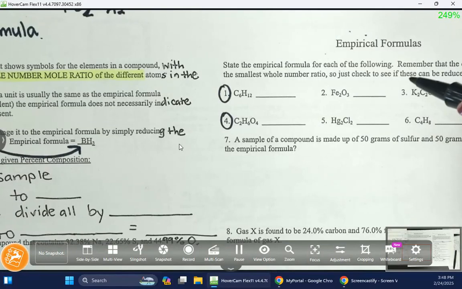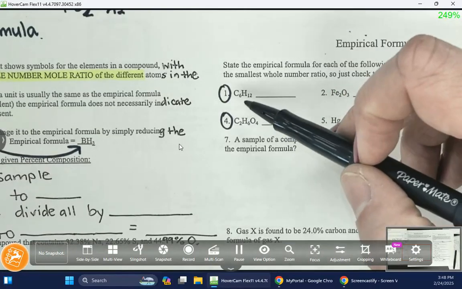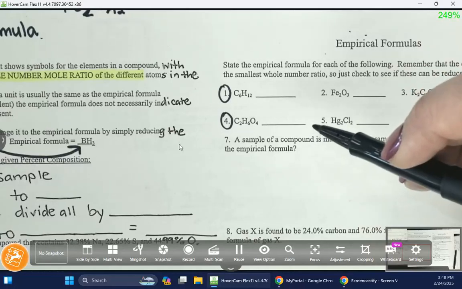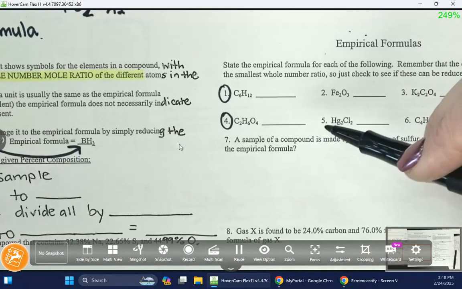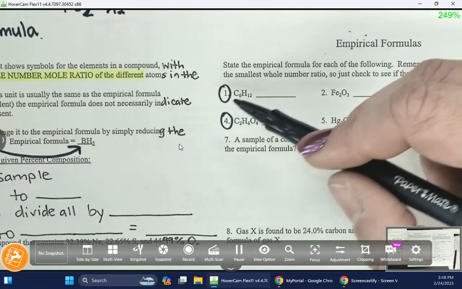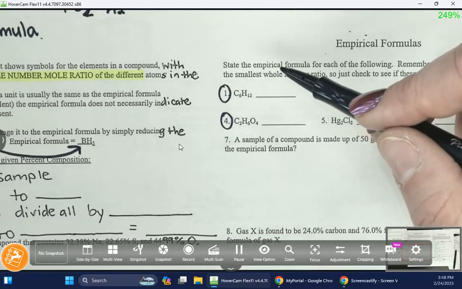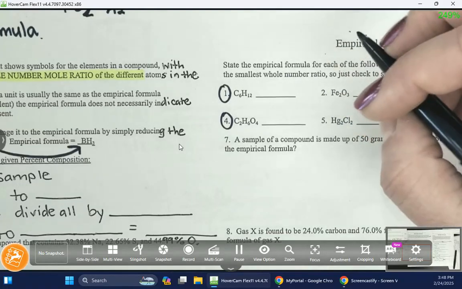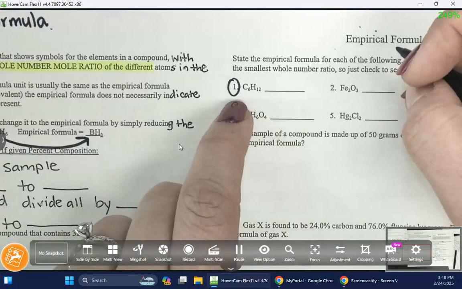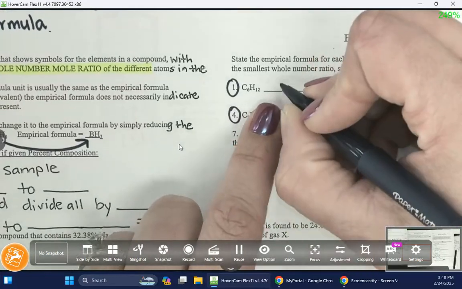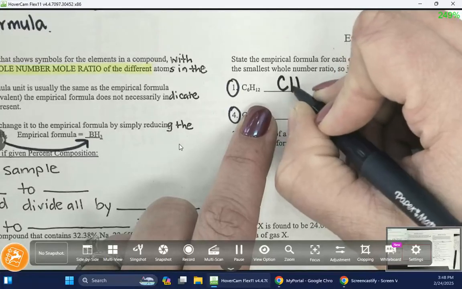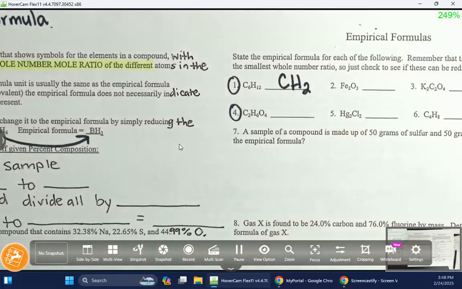So we have C6H12. The 6 and 12 can both be divided by the number 6. So that would make this empirical formula be what? CH2. CH2, okay?